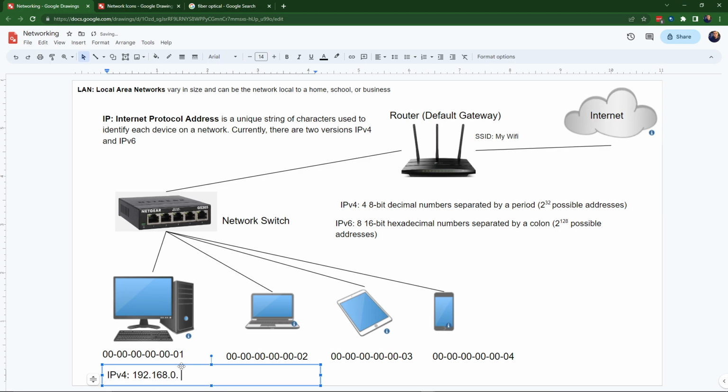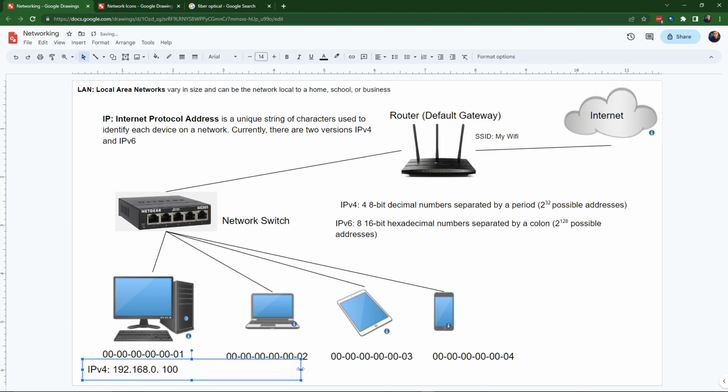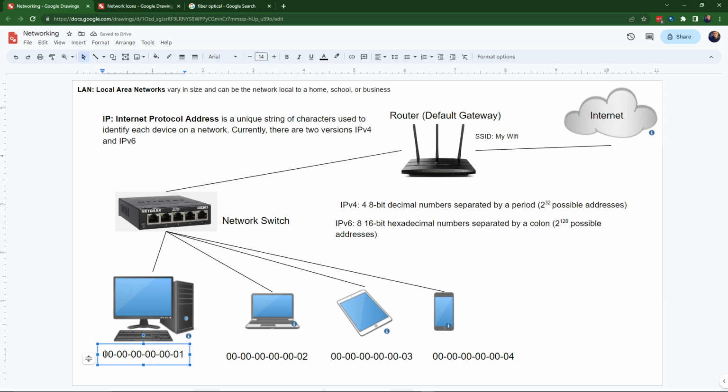And let's give you, I don't know, let's give you 100. So first one right there, we're going to give IP version 4. Let's make sure we know this is the MAC address. We're going to make all of these a little smaller.